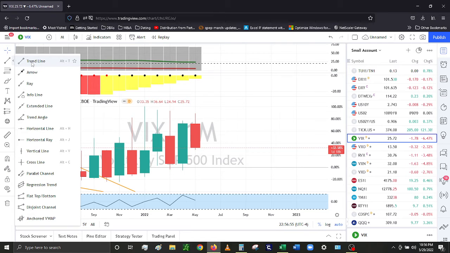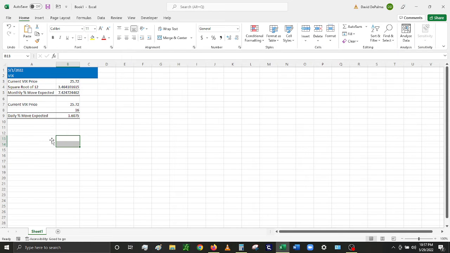Let's see what that says. Okay. So it's actually down 23%. This said 7.4%. So as you can see, it's very volatile. Very volatile.